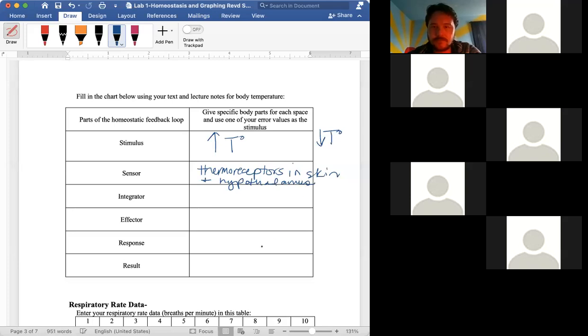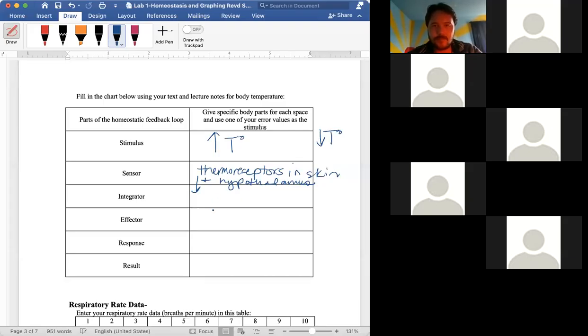So the integrator isn't hypothalamus? It is. Yep, it is. You have sensors externally in the skin, and you have sensors internally in the hypothalamus. And so these are going to measure the body temperature, and they're going to send signals to the integrator.